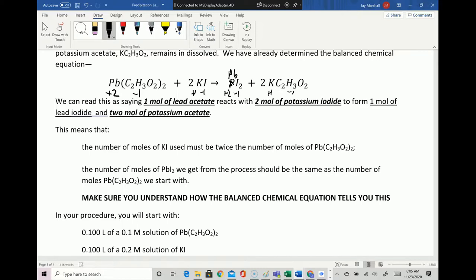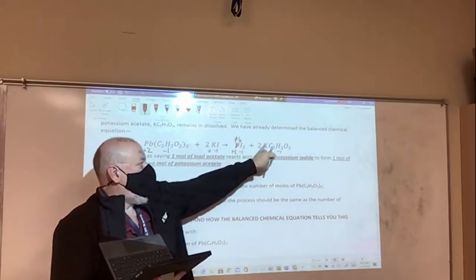You'll notice that I have one acetate here, because that's what balances the potassium. But I've got two acetates over here, so I have to put a 2 in front of this to give me 2 potassium acetates. And I have to put a 2 here in front of the potassium iodide because I have 2 iodines over here and I have 2 potassiums over here.